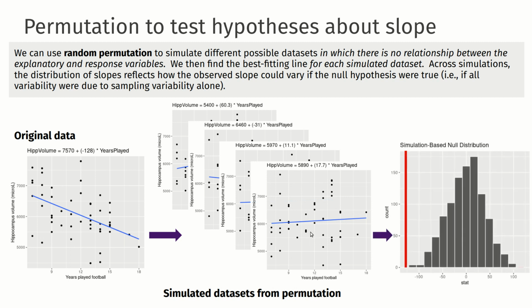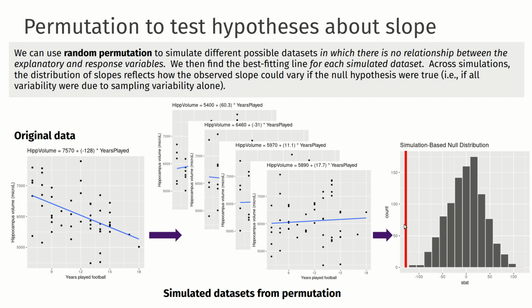And when we say flat, what does that mean? Well, that literally means a zero slope. So we would expect, on average, if the null hypothesis were true, that most of the slopes we would see would be around zero. So this is the distribution of slopes we would expect to see if the null hypothesis were true.